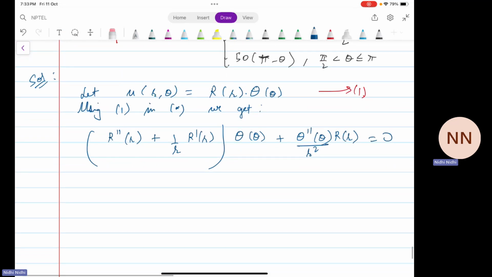Now again we'll take the part depending on r on one side and the part depending on theta on the other side of the equation.